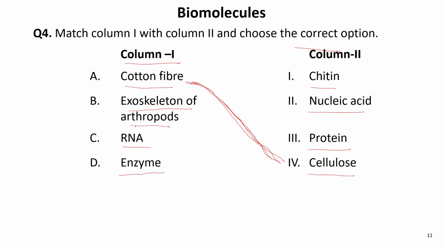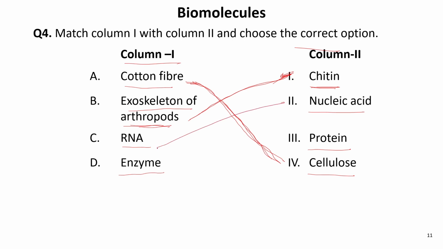Exoskeleton of arthropods: chitin. It is a type of polysaccharide. The exoskeleton of arthropods, certain insects, crustaceans, and also the cell wall of fungi have chitin in it. Next is RNA. RNA is a type of nucleic acid.